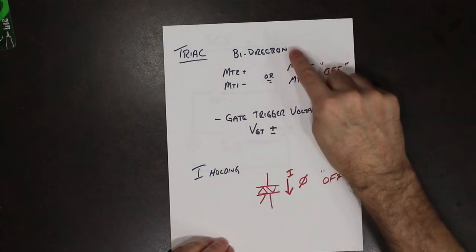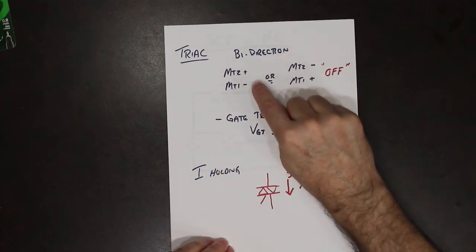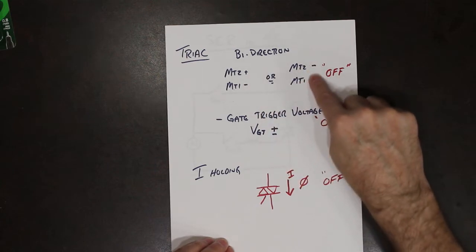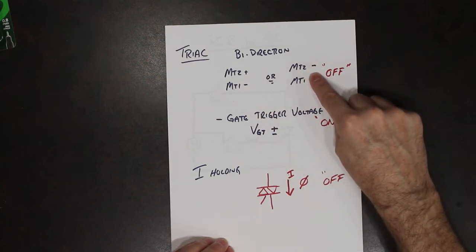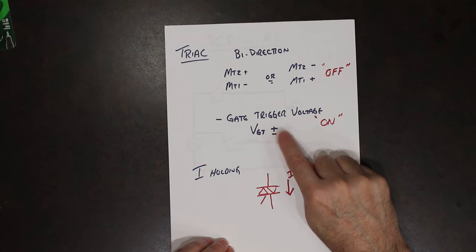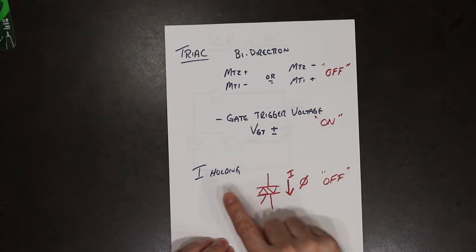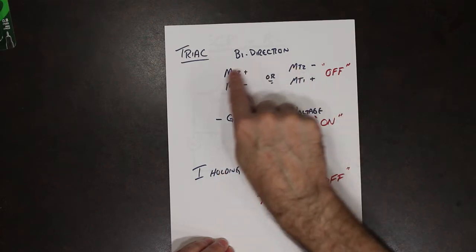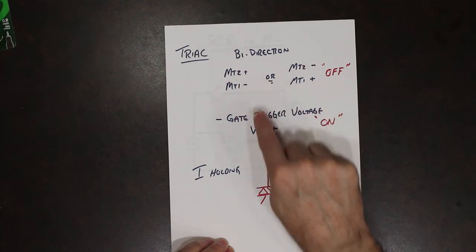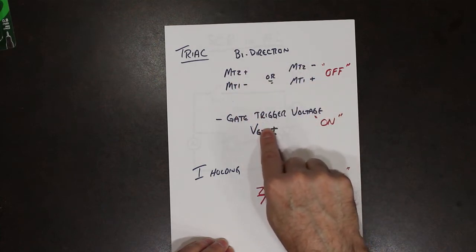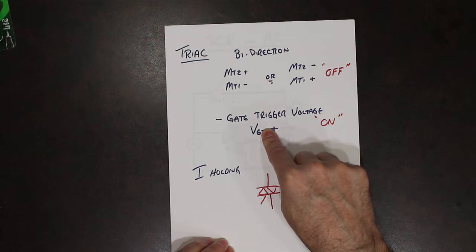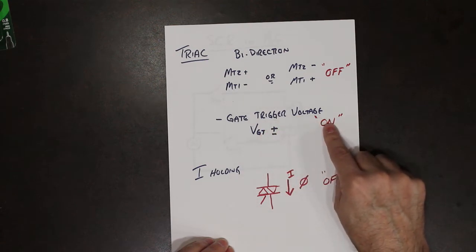For a triac, it's a bidirectional device, so you can have forward or reverse bias. The gate trigger voltage is also bidirectional. So once you have a bias and a gate trigger voltage greater than the spec, the device will turn on.